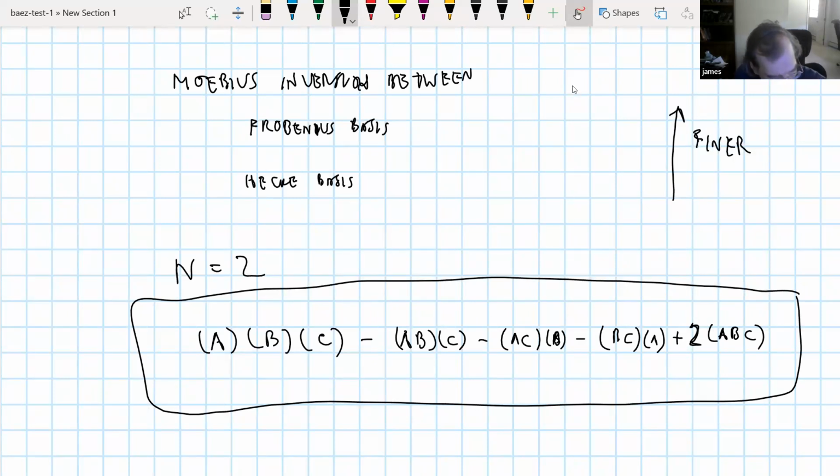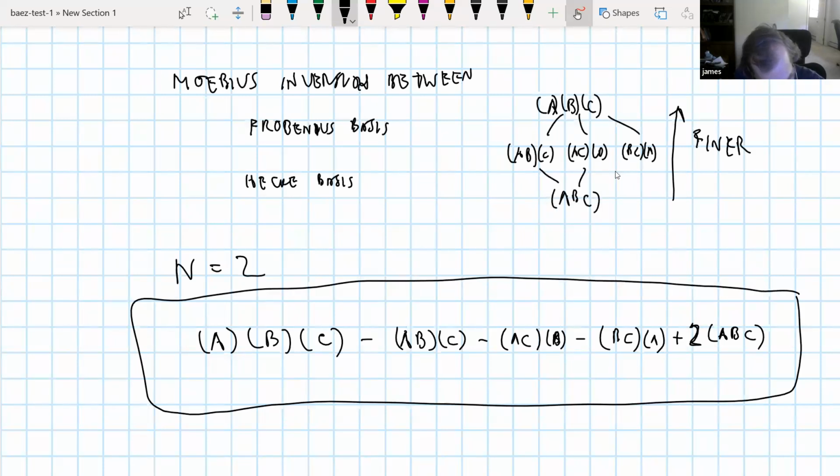So it's like A, B, C, and then A, B, C, and A, C, B, and B, C, A, and E, B, C. So this is the lattice of equivalence relations.